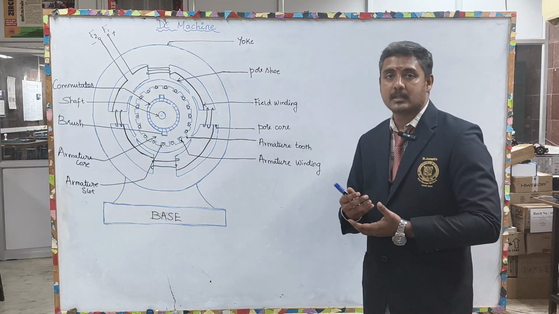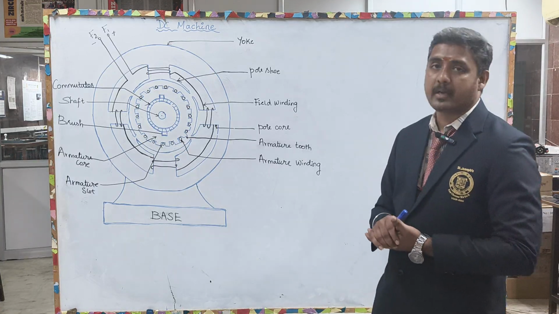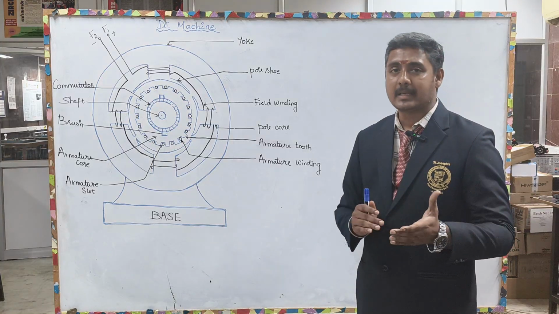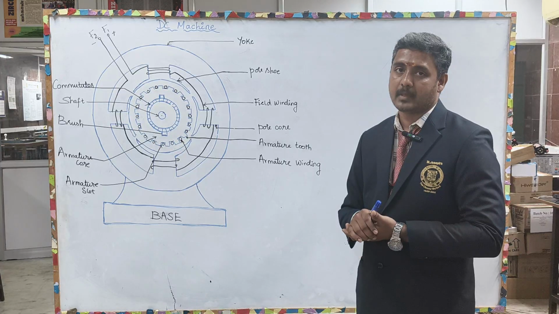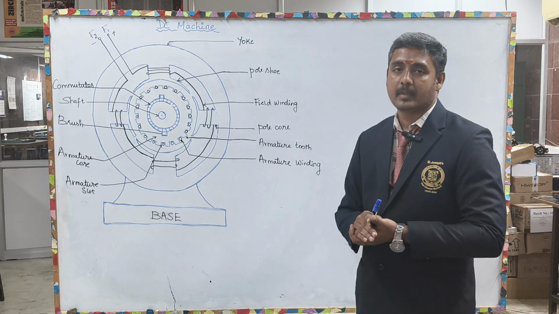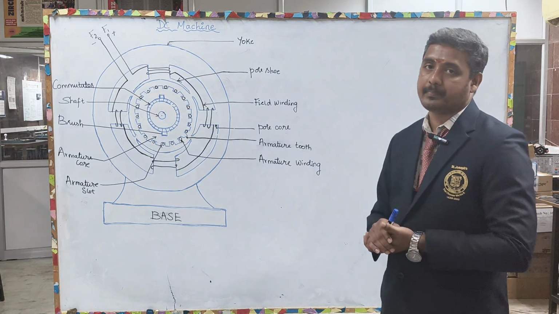What are the two types of energy conversions here? If you are going to take it as a generator, basically the generator will convert mechanical energy into electrical energy. If you are going to consider it as a motor, it will convert electrical energy into mechanical energy.